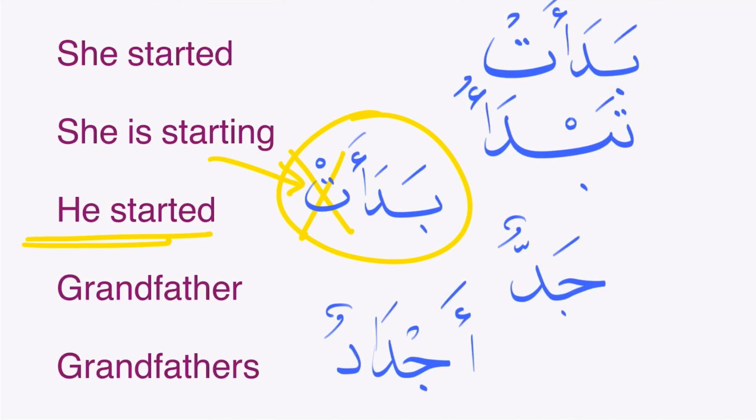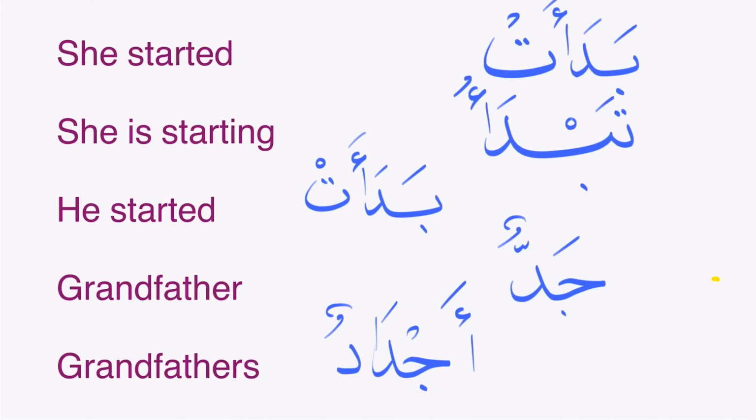She started. I hope you had picked up my mistake on your own. Next word. جد. Grandfather. Similarly, try to write جدًا, جدٍ with a different kind of tanween.